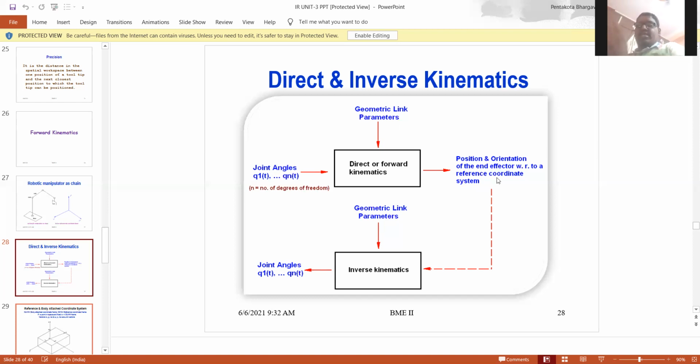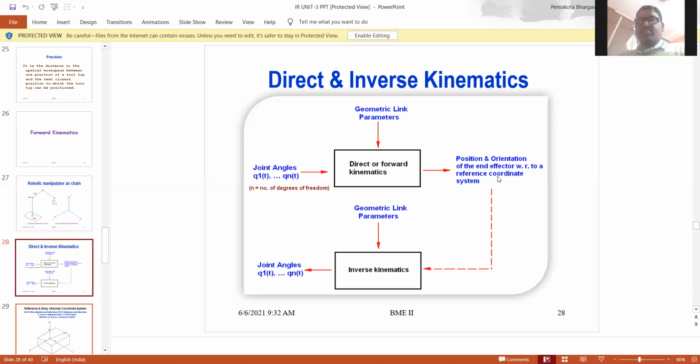Here this is the position and this is the orientation. And next you go to the inverse. In inverse you also take the geometric link parameters, and this is the forward and this is the negative. That is the joint angle difference.